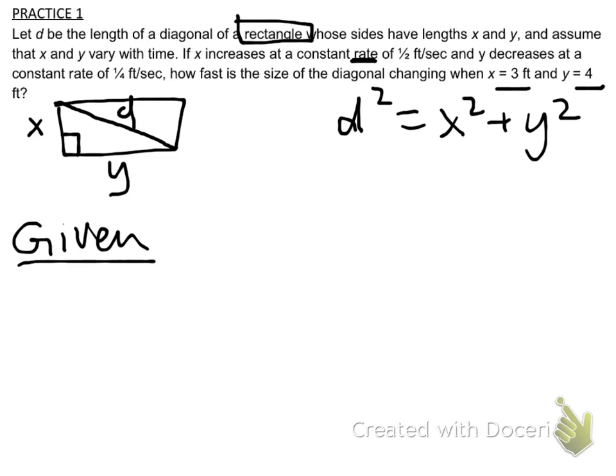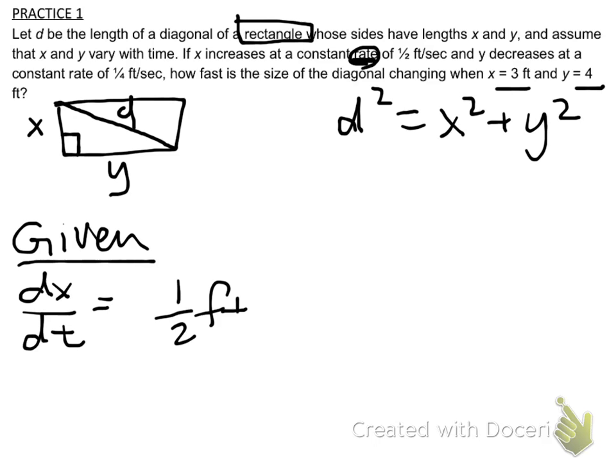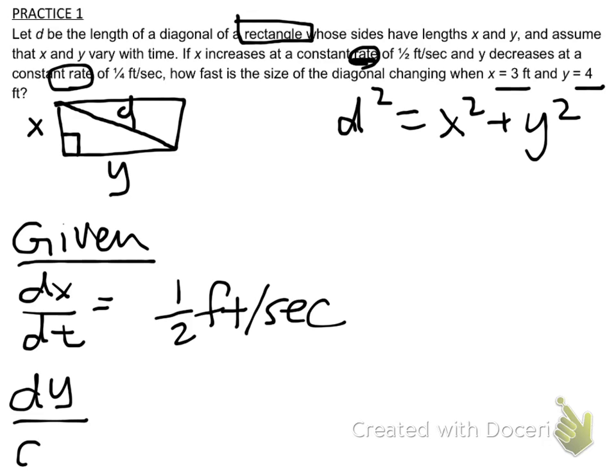I can see that x is increasing at a rate, so that already tells me that I've got dx over dt, which equals 1/2 feet per second, and then y decreases at a constant rate again, so I know that's dy over dt equals 1/4 feet per second.